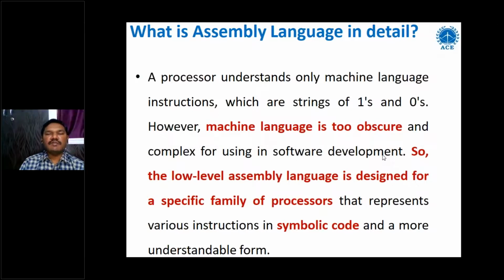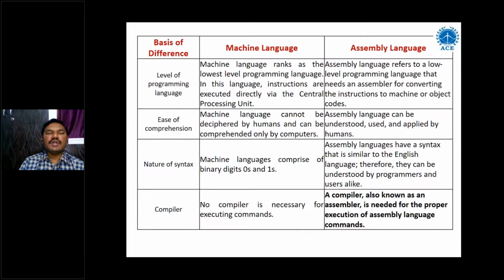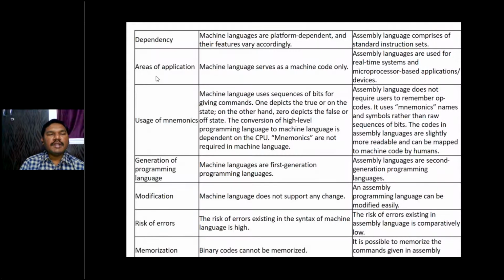So these are the differences between machine level language and assembly level language. You can understand the differences in terms of level of programming, ease of comprehension, nature of the syntax, and the compilers, right? And also dependency, areas of application, usage of mnemonics, generation of programming language, and risk of errors.